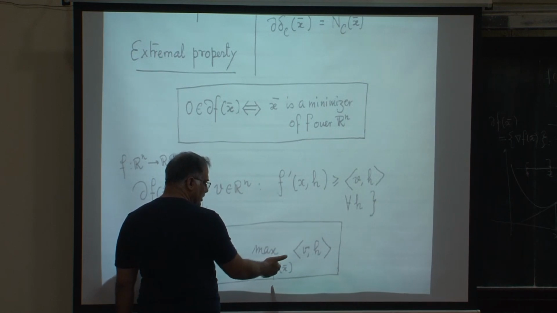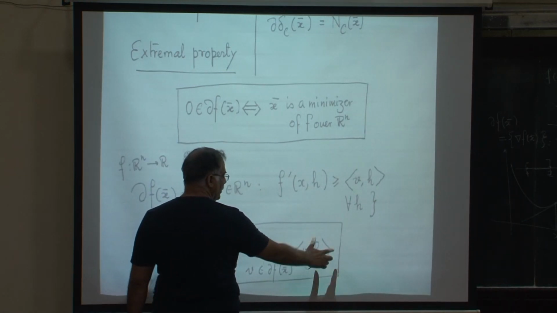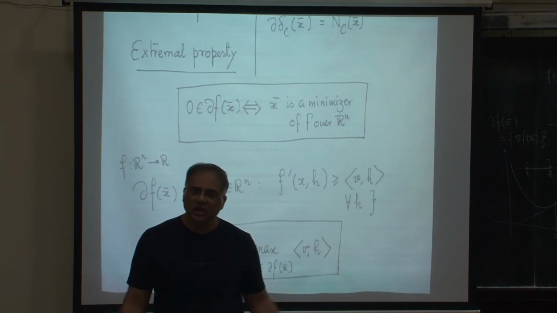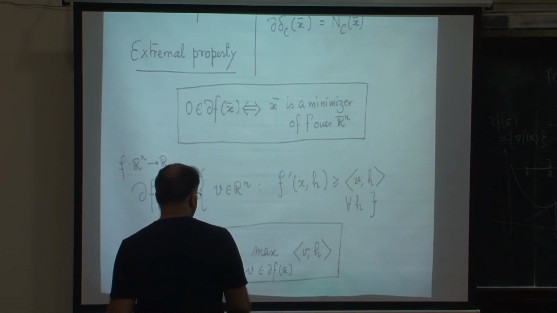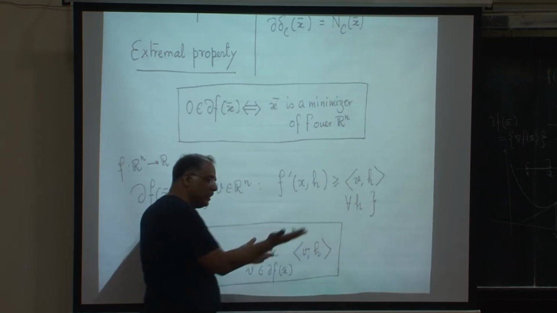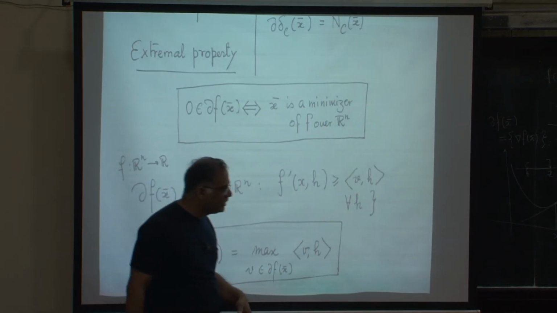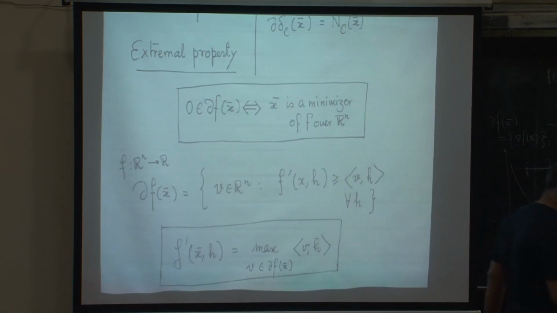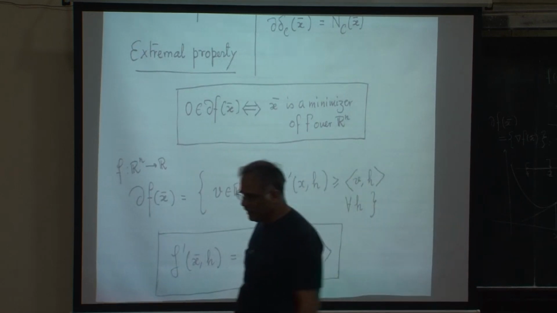If at x bar f was differentiable, the subdifferential would contain only grad f x bar, and this would be nothing but grad f x bar dot h. You will get back the thing that you already know. So, this is a very beautiful result. It generalizes that result for vector analysis to convex analysis. It is a very, very important result that one has to remember, and a very useful one. I think John will also use these sorts of results.